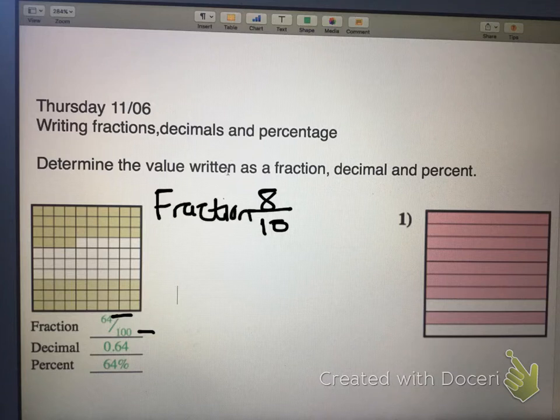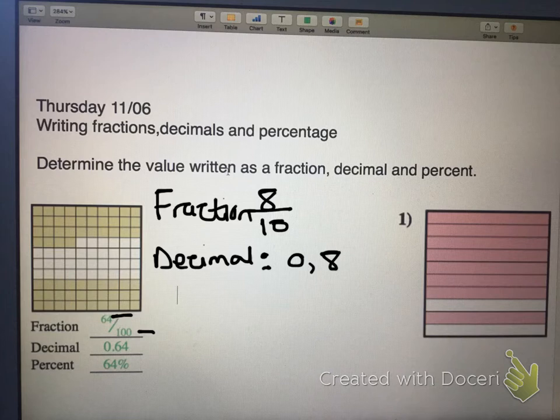Can anybody tell me what my decimal will look like? Yes, I heard that. It is 100% correct. I don't have any whole numbers, so it is going to be 0, my decimal comma, and I'm busy with tenths, so it would be 0,8.